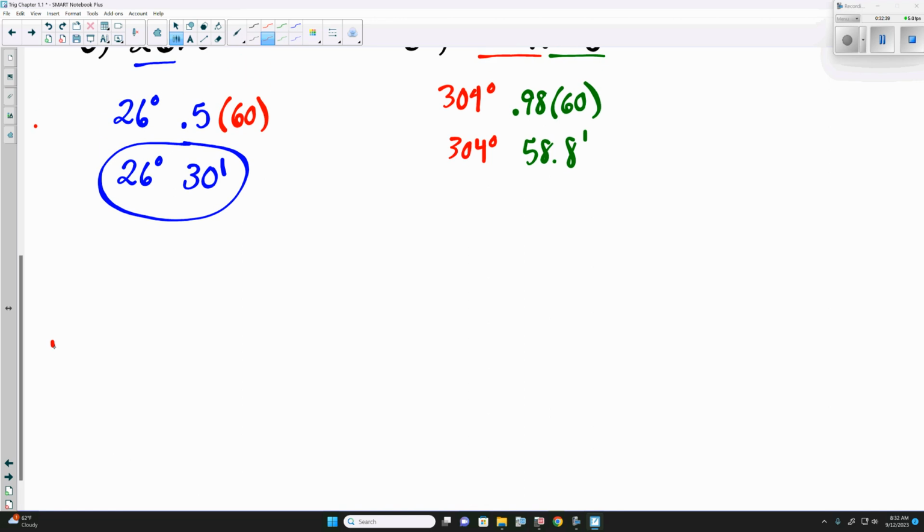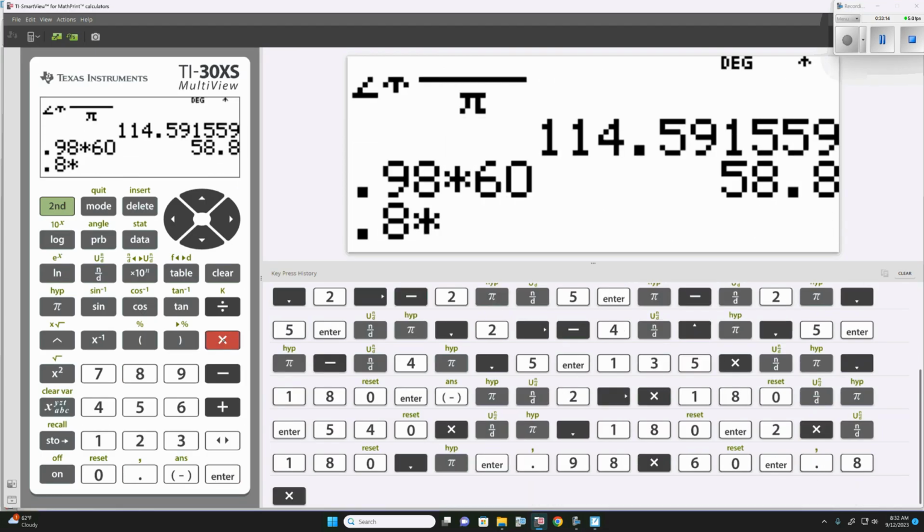Well, unlike the last one, we still have a decimal. So we're still going to leave the 304 degrees. Here we'll have 58 minutes. But what we're going to do next is take the 0.8 and multiply it by 60 to get our seconds. 304 degrees, 58 minutes, and then we can do 0.8 times 60 and get 48.